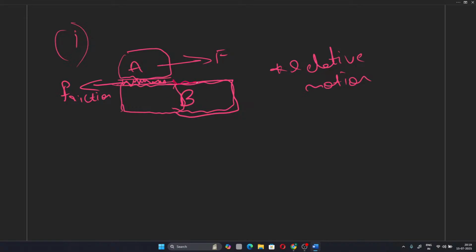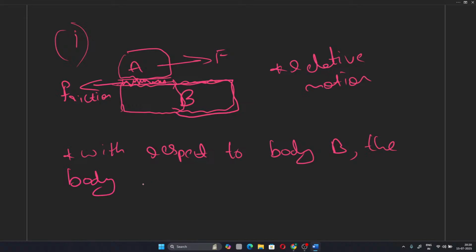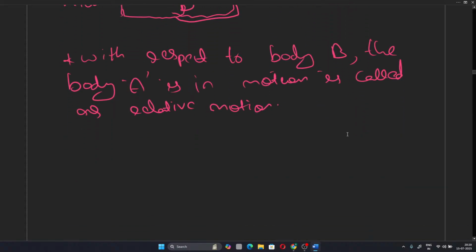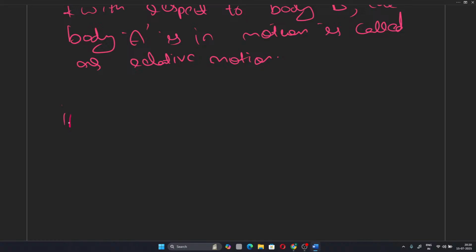With respect to body B, the body or block A is in motion, and that is called relative motion or movement.